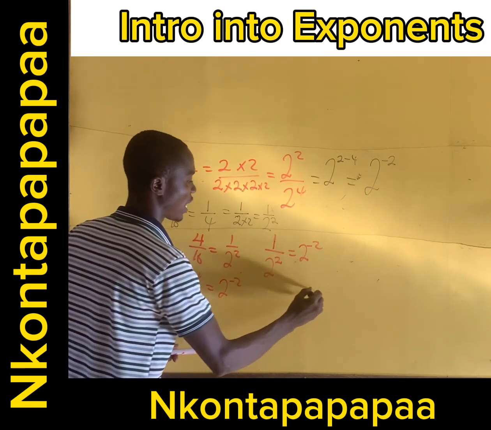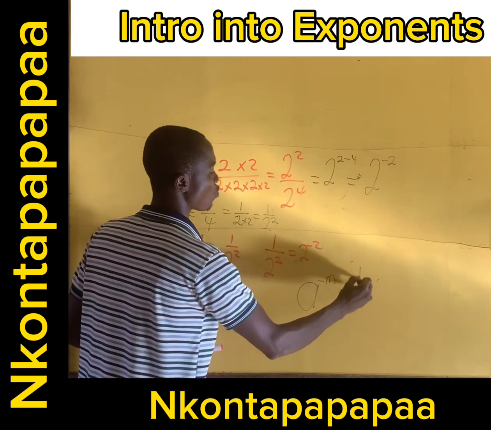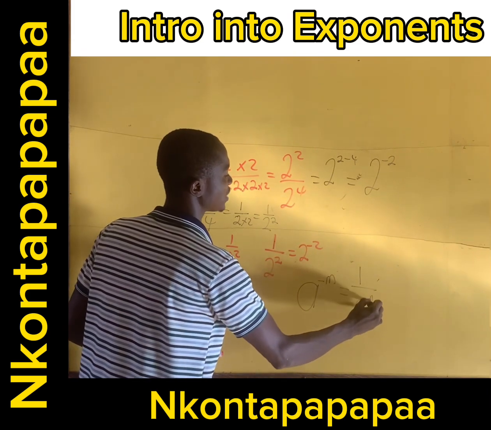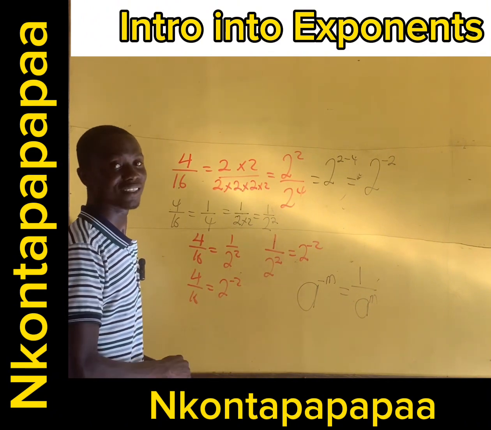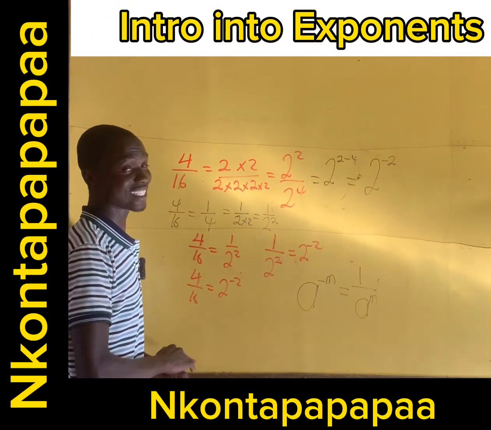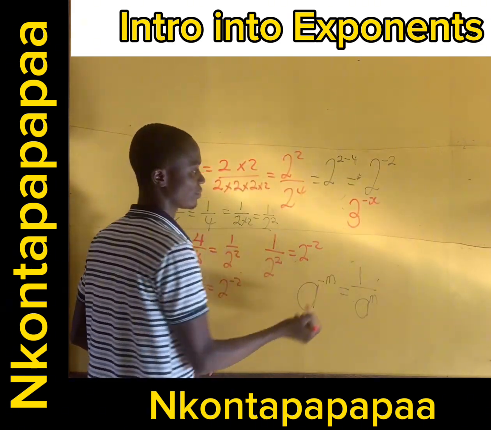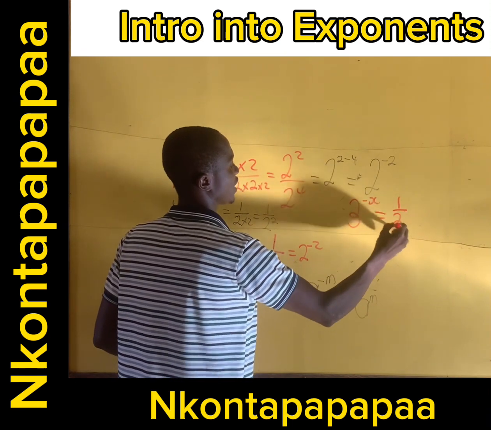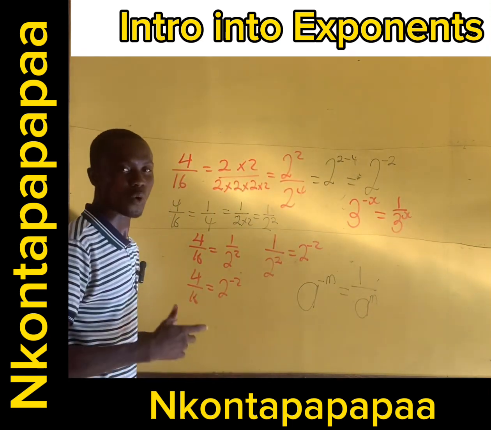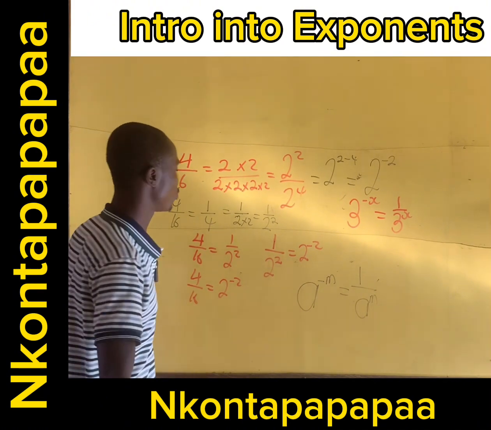So it means that if you have a raised to the power negative of any number, then you take 1 divided by a raised to the power positive of the number. That is simply written as this. So if I have 3 exponent negative x, I simply write 1 divided by 3 exponent positive x. I hope this makes sense in a very simple way.